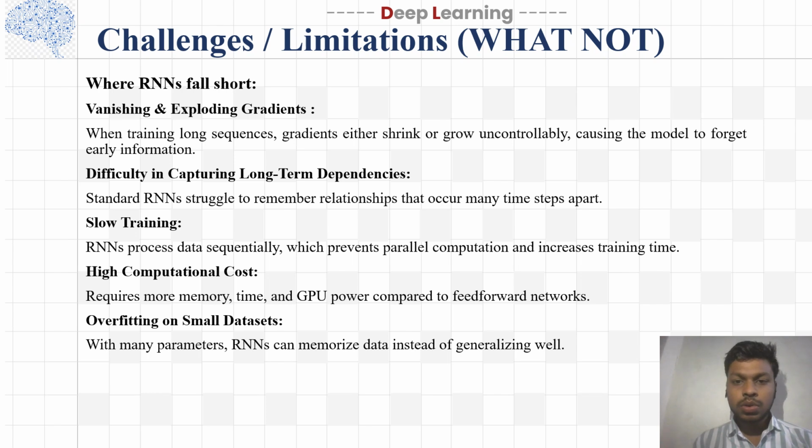They are also slow to train as they work one step at a time instead of all at once. Along with that, they need high memory and power and can overfit small data, meaning they learn exact samples instead of general patterns. That's why improved models like LSTM and GRU were created to fix these limits.